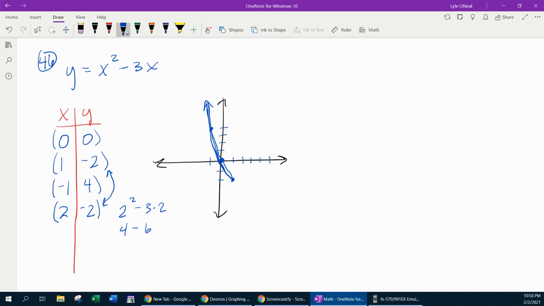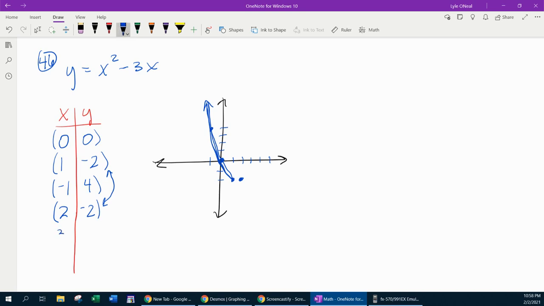Now I see y values that repeat. And so that means at positive 2, I'm going to be on the upside of the parabola. So this parabola is going to come down, turn around, and start going up. Okay, so it should start going up from here.